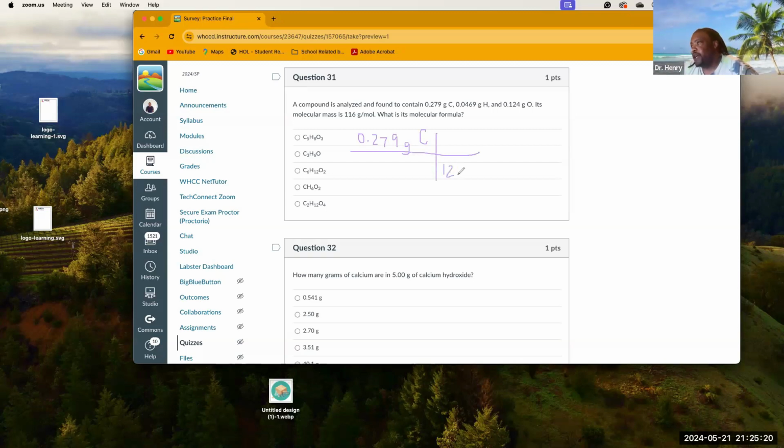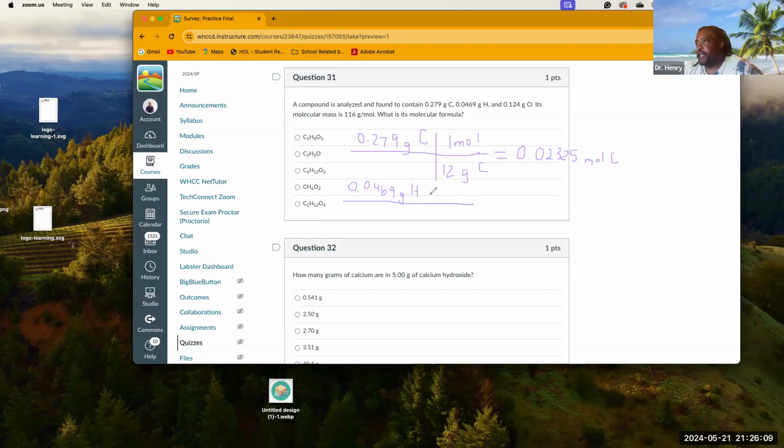So it's 12 grams, 1 mole. 0.0232 5 moles of C. Then we have hydrogen, which is 0.0469 grams of hydrogen.